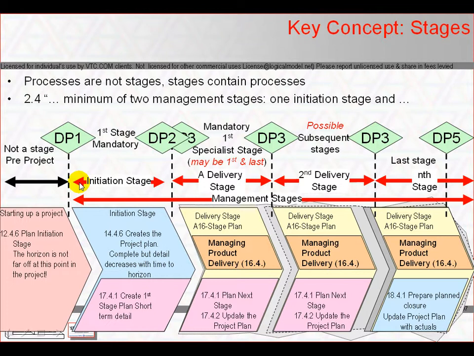Stages are management divisions of the project, the first of which creates the project plan and is the initiation stage, and all the subsequent ones are delivery stages. Every stage except the last stage closes with the managing a stage boundary process set of activities. The last stage closes with the closing a project activities.